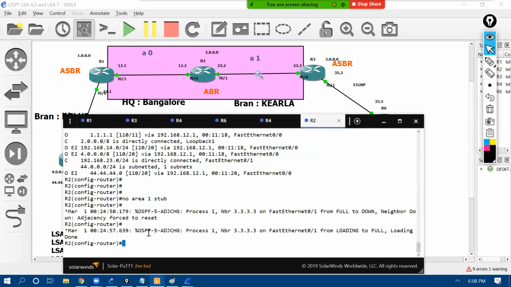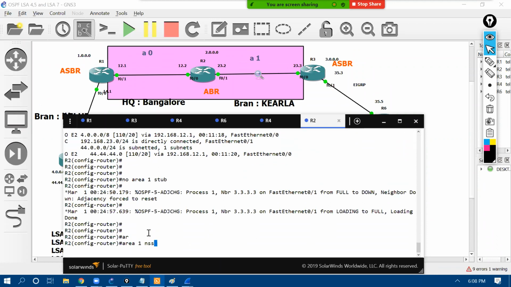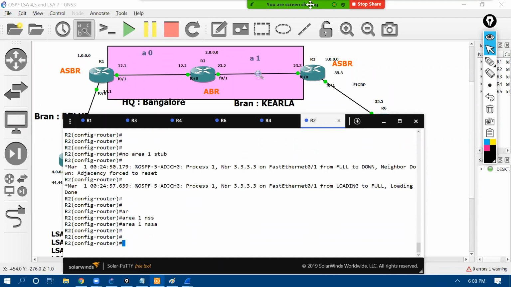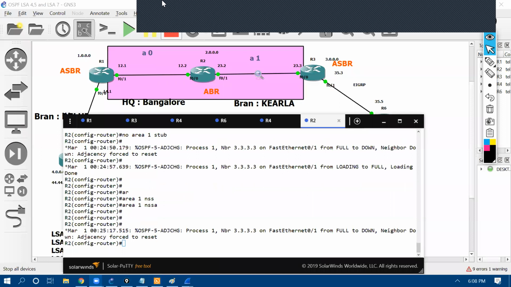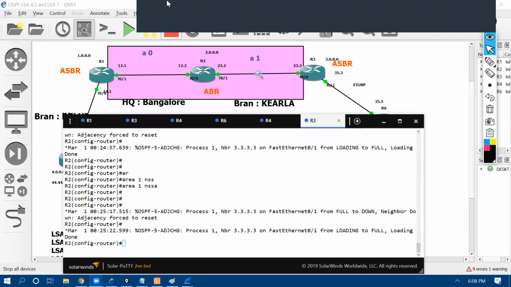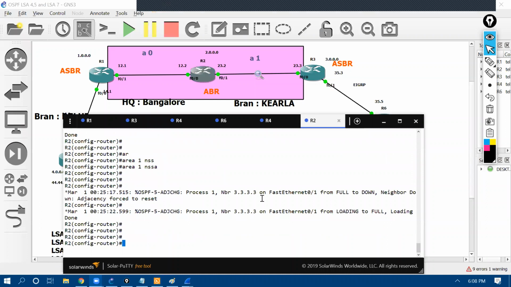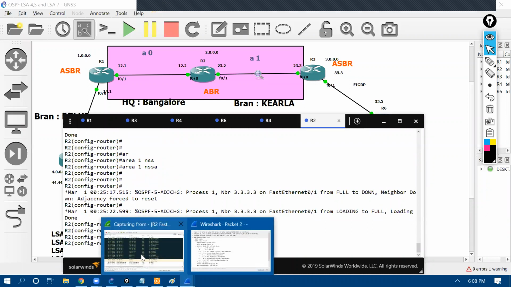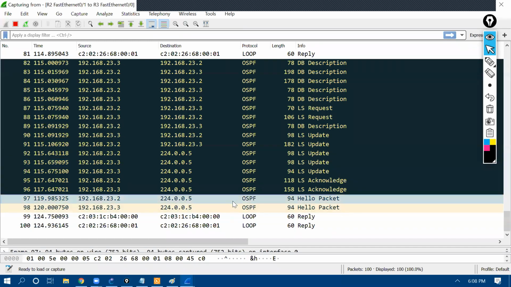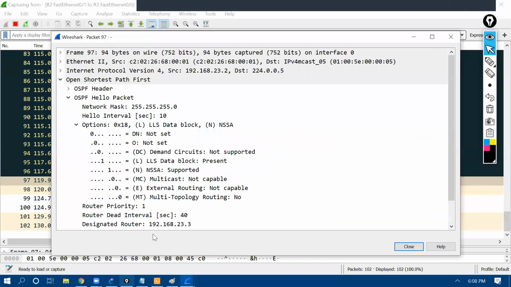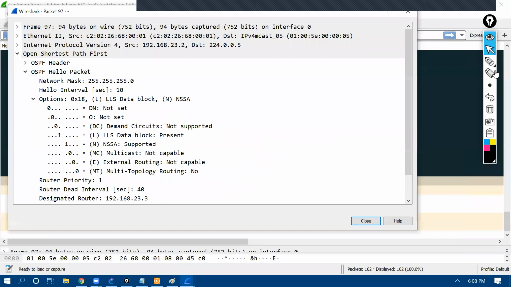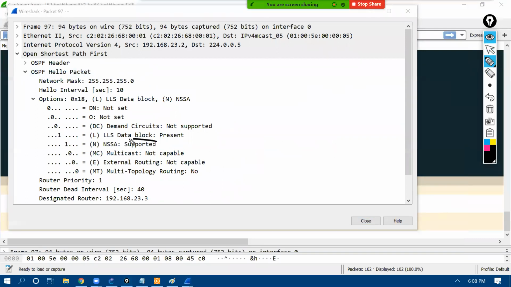R2. Now if you check the hello packet, NSSA is supported.